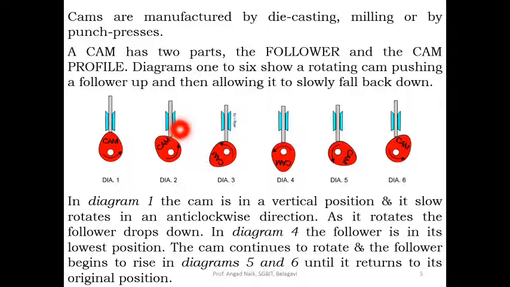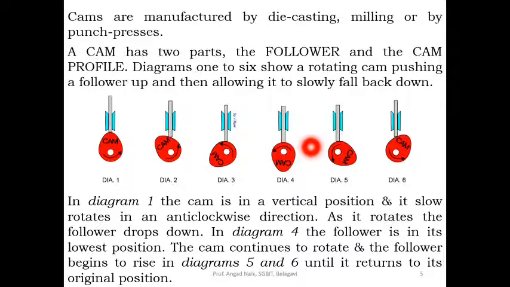As it rotates, the follower drops down. As it continues to rotate anti-clockwise, you can see the height of the follower falling down. In diagram 4, the follower is in its lowest position.